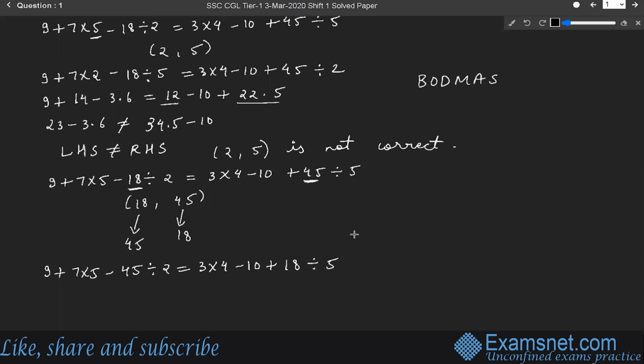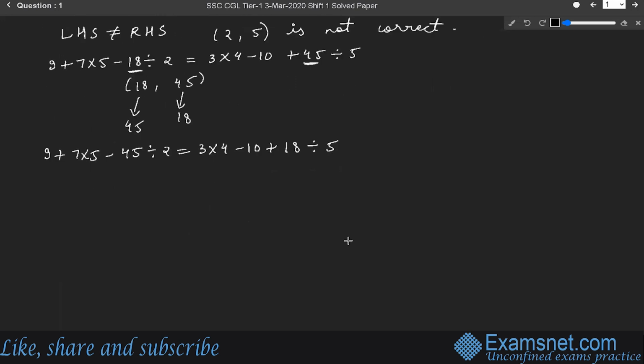Now we have interchanged the values. Again, solving it by using the BODMAS rule. So it will be 9 plus 7 into 5 is 35 minus 45 divided by 2 will be 22.5. It is equals to 3 into 4 is 12 minus 10 plus 18 divided by 5 will be 3.6.